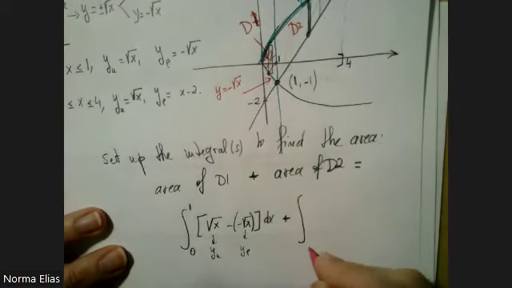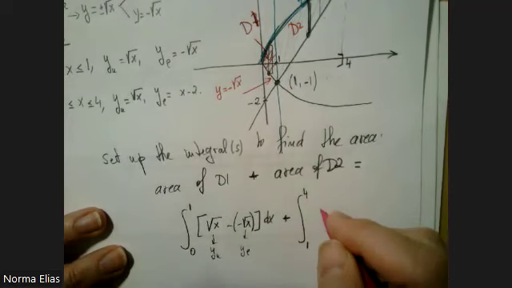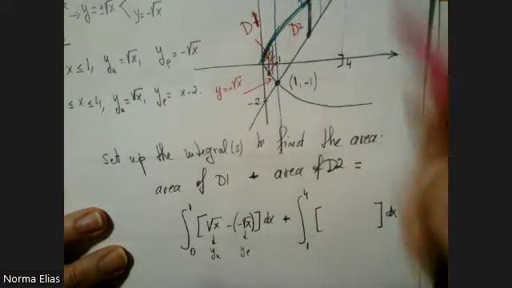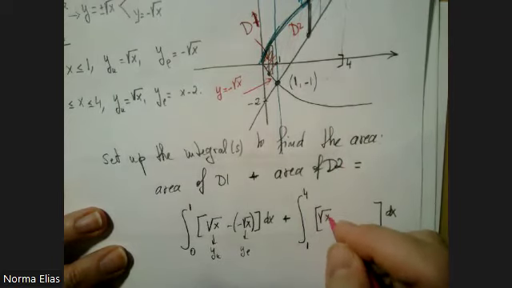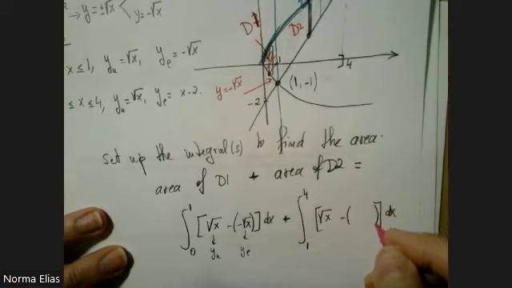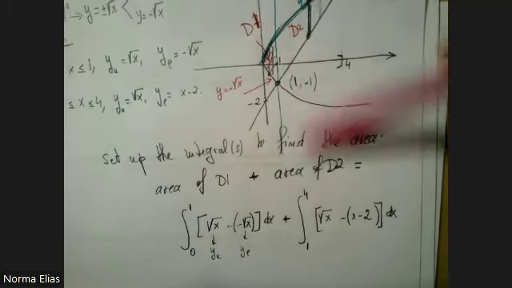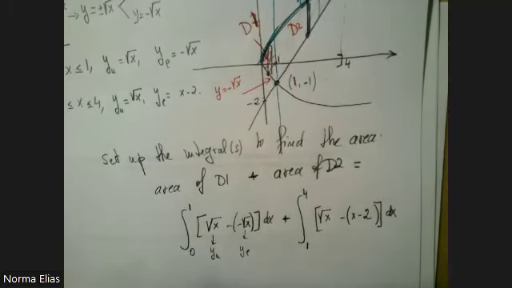For the second one, my integral is from 1 to 4, and my upper curve is the square root of x. My lower curve is x minus 2. Because I don't have a unique lower curve, I have to split my integral into two pieces.